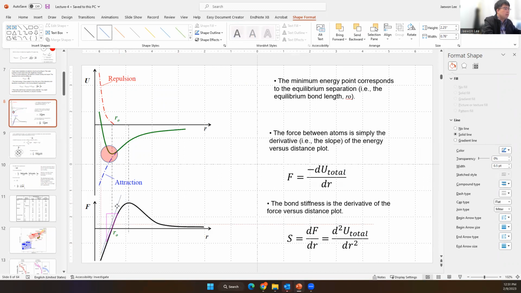This slope, or slope, and this one can affect the stiffness. Do you understand?